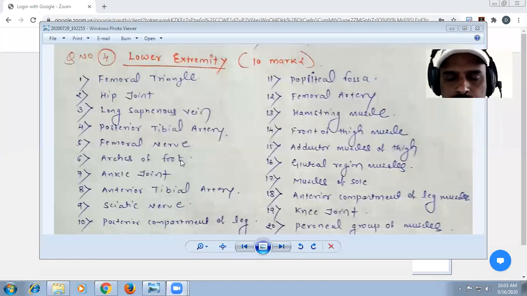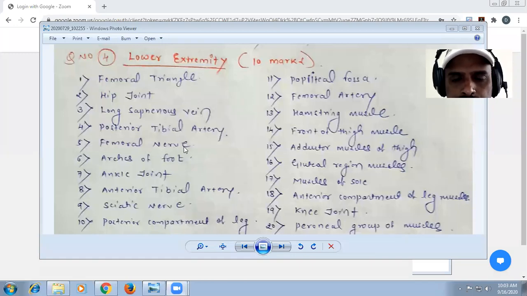Complete the few important headings in the clinical anatomy. For the arches of foot: pes planus, talipes equinus, talipes calcaneus, talipes varus, talipes valgus, all that you have to write in the clinical anatomy of arches of foot.